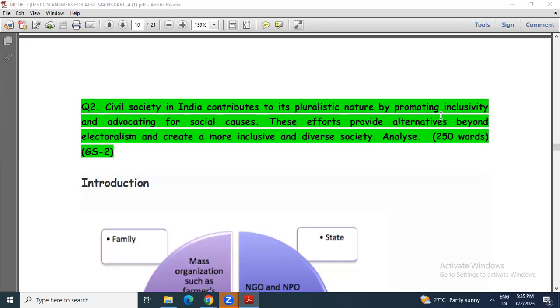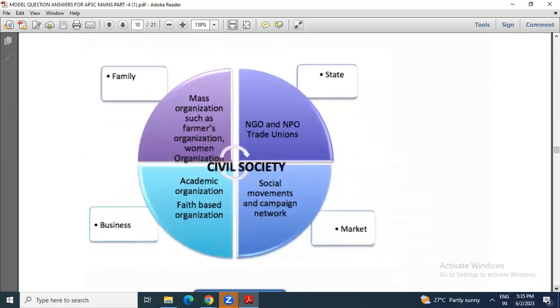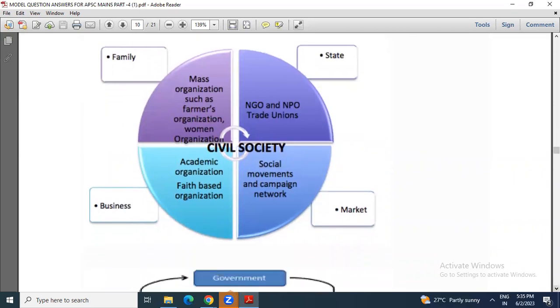Analyze. So in this question, we have to discuss the merits of civil society. Now, what do we understand by civil society? We can get an idea about it through this figure. Here you can see family, state, market, business.